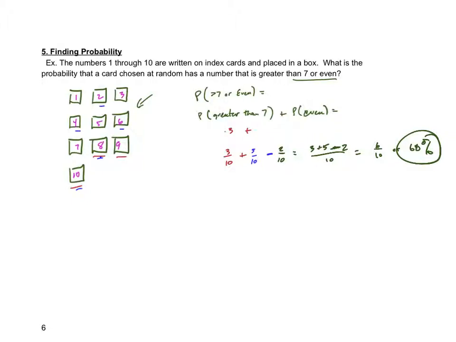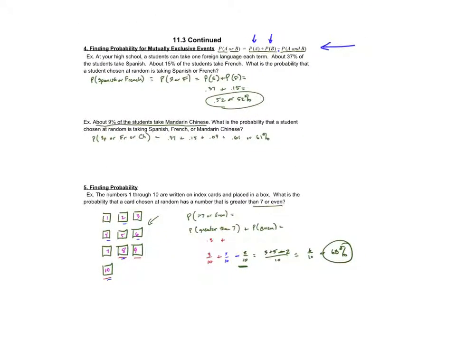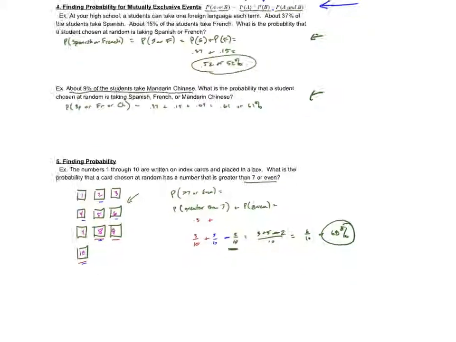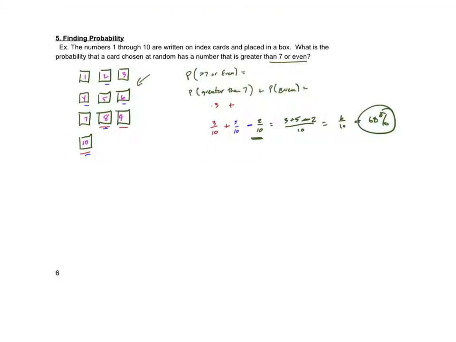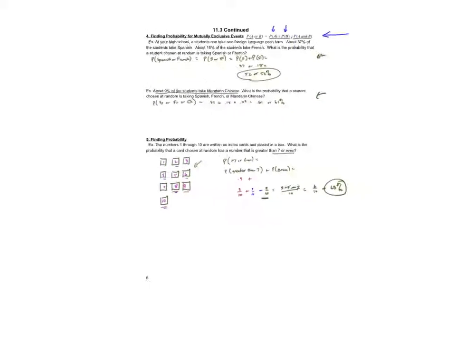We had to subtract the probability of both things happening. And you might ask, why didn't we do it up here? Well, up here it was minus 0, because in these previous examples we didn't have any students taking both languages, in which case we would have had to remove them. But there you go. That's the probability of mutually exclusive events.